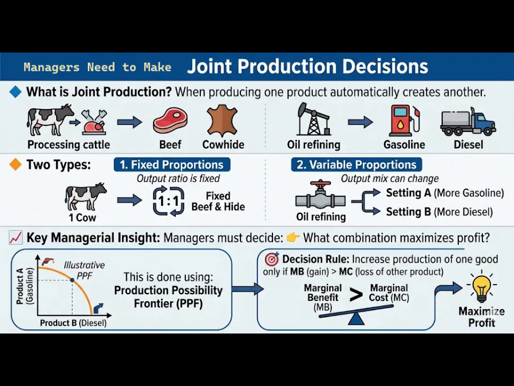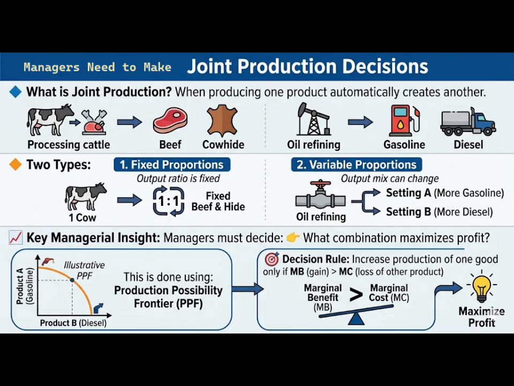There are two types. Number one is fixed proportions. That includes output ratio is fixed, and for example, one cow is equivalent to fixed amount of beef and hide, right?